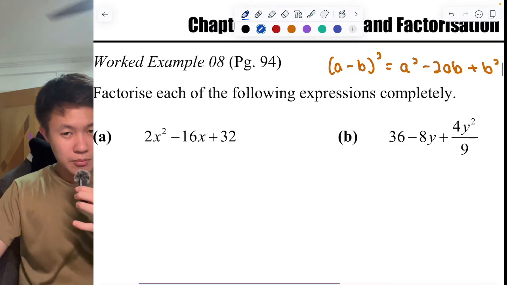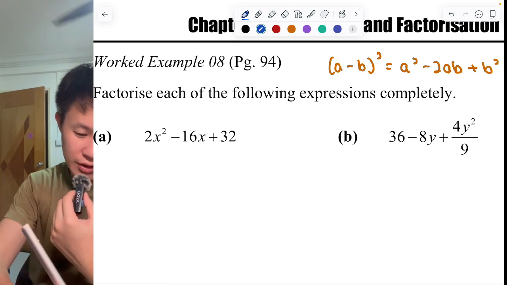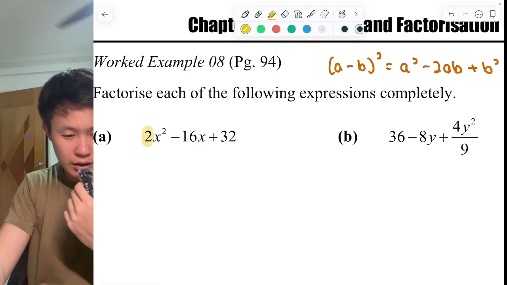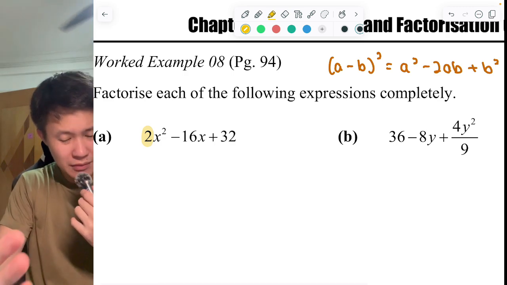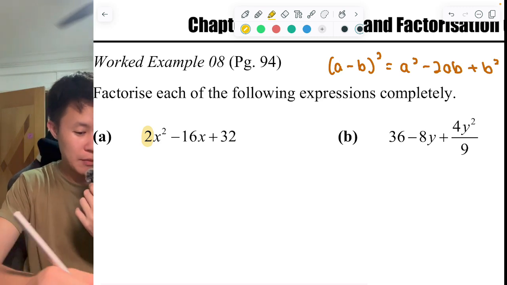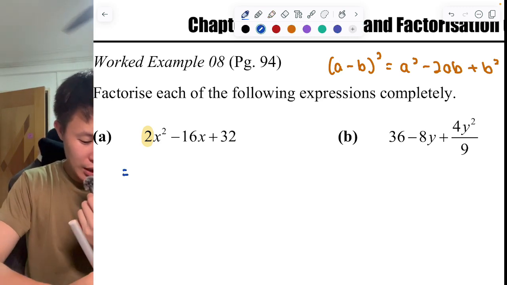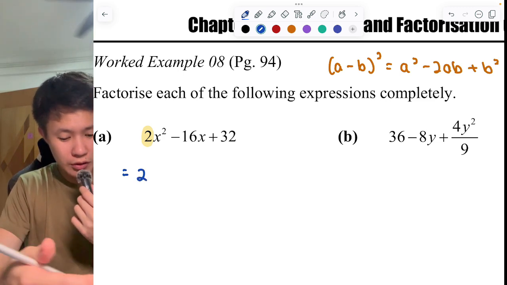Now, actually for me right here, I will ask myself if the coefficient here is square rootable, right? And of course, everything can be square rooted, but there are some numbers that are not so nice, like things that are not perfect squares. So we don't want to have these. But what we can do is I can see there is a common factor of 2 throughout the 3 terms.